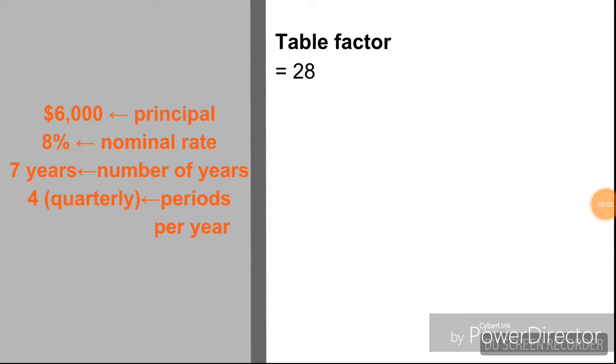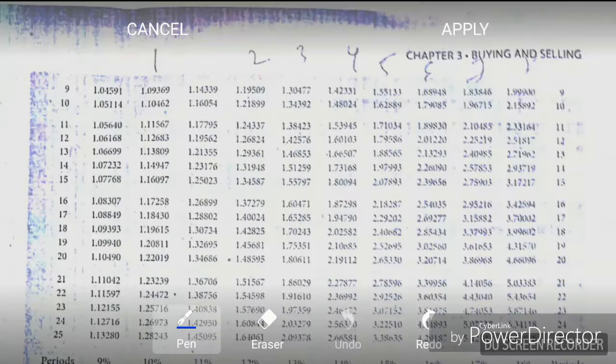In the problem, we computed for 28 compounding periods. The 2 compounding periods that represent half of the periods required are both 14. The table shows that the table factor for 14 compounding periods at 2% rate is 1 and 31,948 hundred-thousandths.